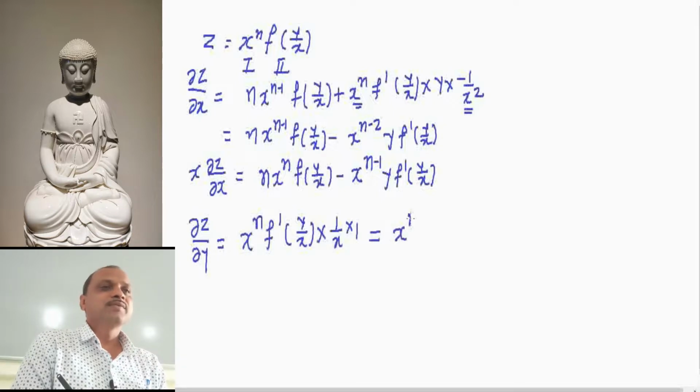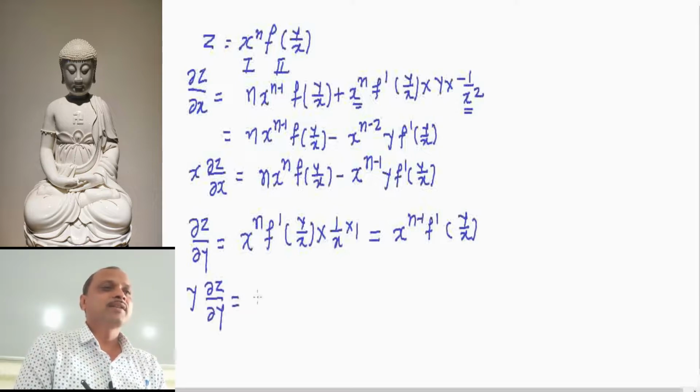So this will be x raised to n minus 1 f dash of y divided by x. Now multiply this by y: y into del z by del y equal to x raised to n minus 1 into y into f dash of y divided by x.